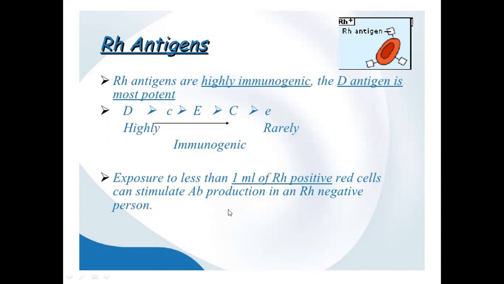Exposure to less than 1 ml of Rh positive red cells can stimulate antibody production in an Rh negative person. This would mean that the antibodies for Rh are immune antibodies, meaning they are only formed upon stimulation, unlike ABO, where antibodies are naturally occurring.